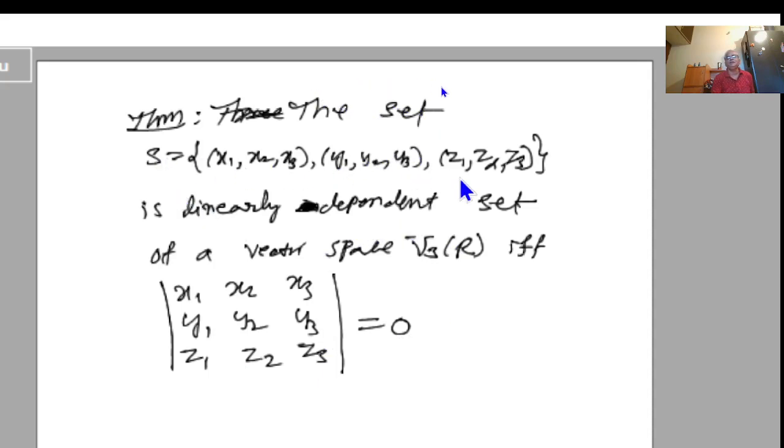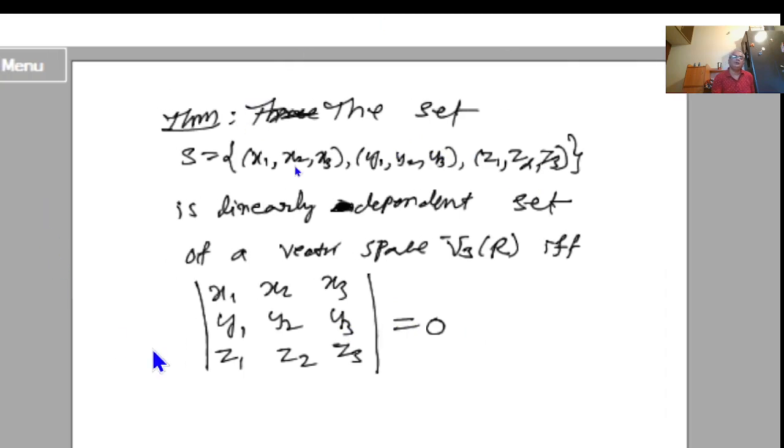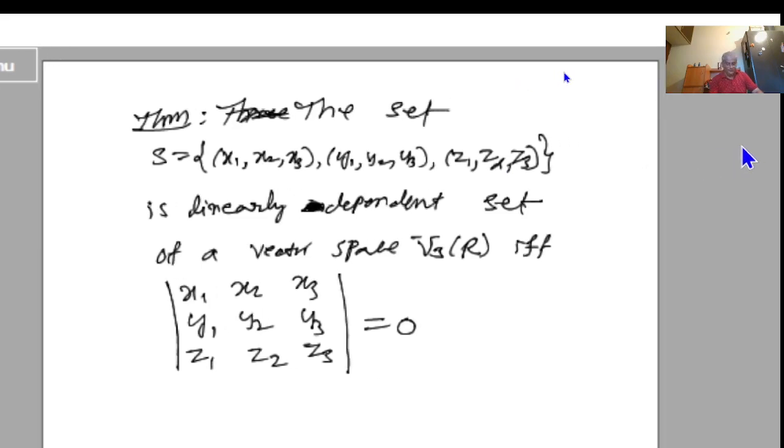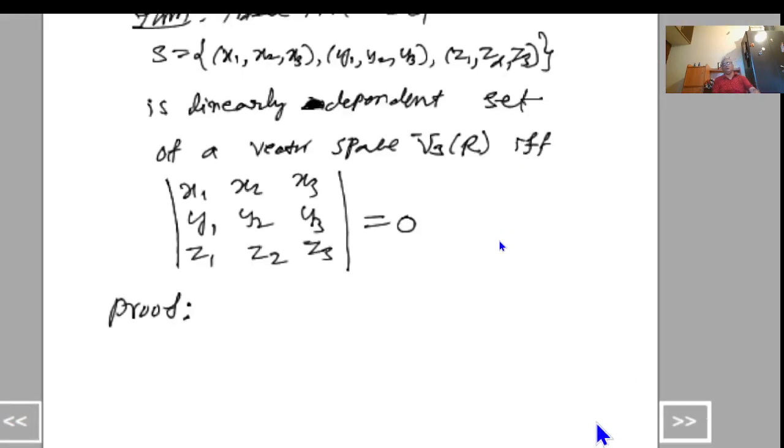That is, if this set is linearly dependent, then this determinant is equal to 0. Conversely, if this determinant value is equal to 0, then the set is linearly dependent. So to prove this, I can say S is linearly dependent.